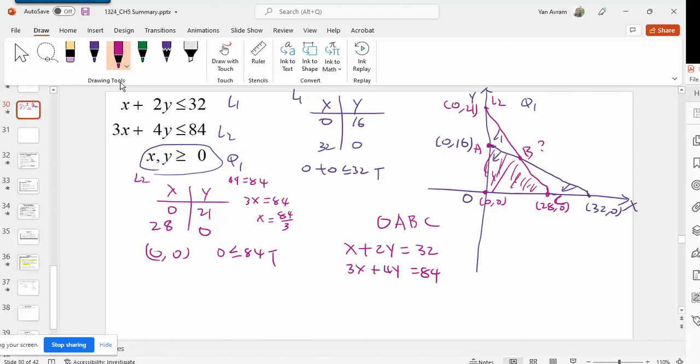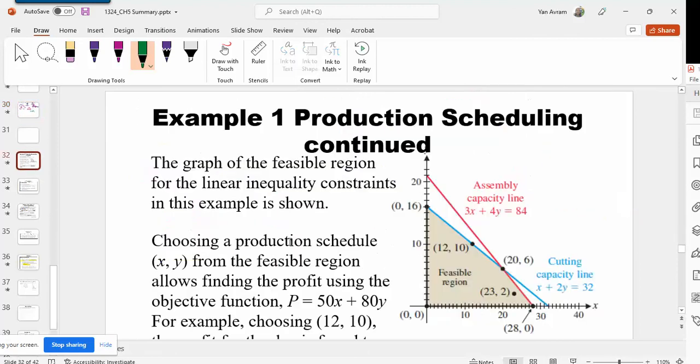Alright, so we're going to solve this one. You can use any method you want. If you don't want to solve by hand, you can always use the matrix. So that's 1, 2, 32, 3, 4, and 84. Using the matrix as we did earlier, I'm going to show you a clearer picture in here.